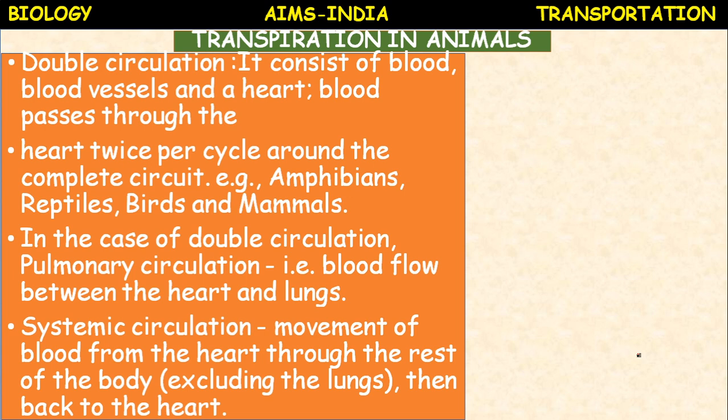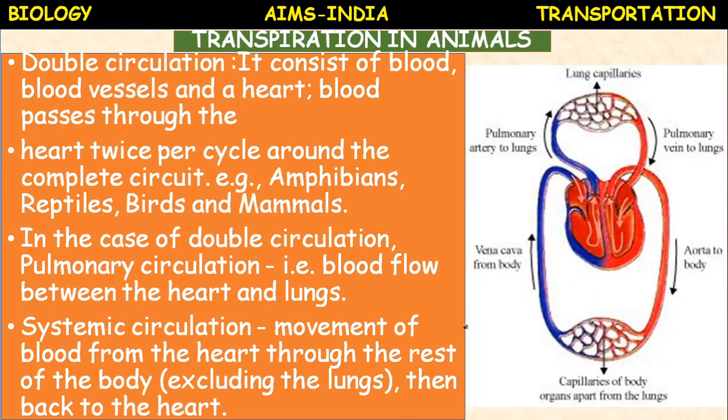Systemic circulation means the movement of blood from the heart through the rest of the body parts except lungs, then again back to the heart. This is called systemic circulation. Or simply we can say the circulation between the body parts except lungs and heart is called systemic circulation.